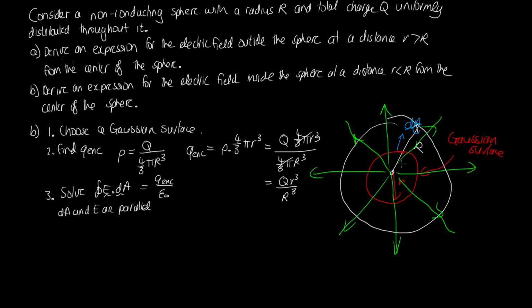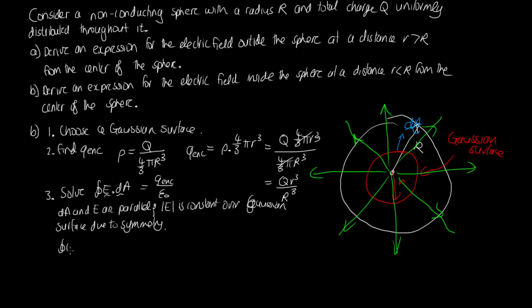And it can also be reasonably assumed that the magnitude of the electric field is constant over this surface due to the symmetry. So let's list that here. E is constant over the Gaussian surface due to symmetry.